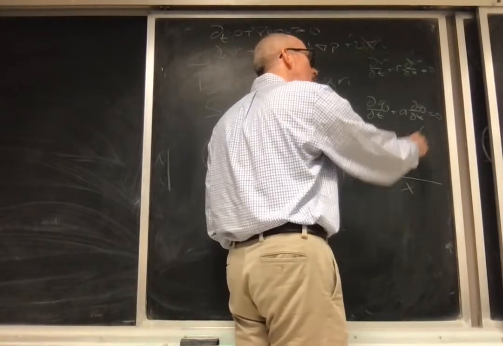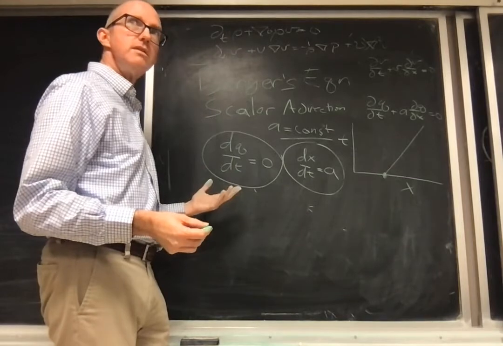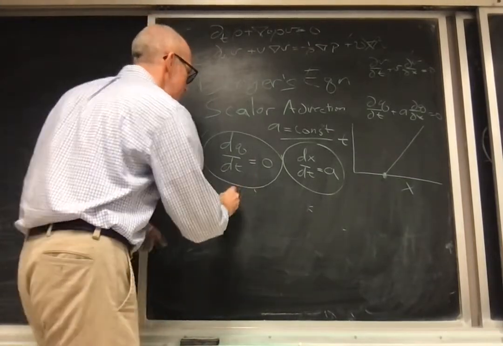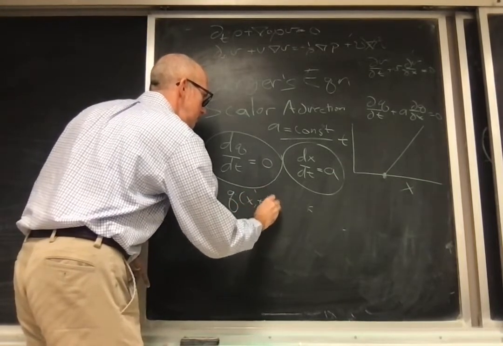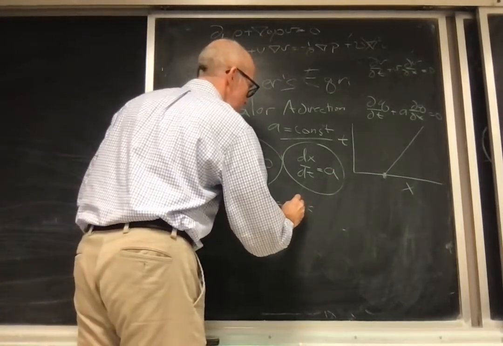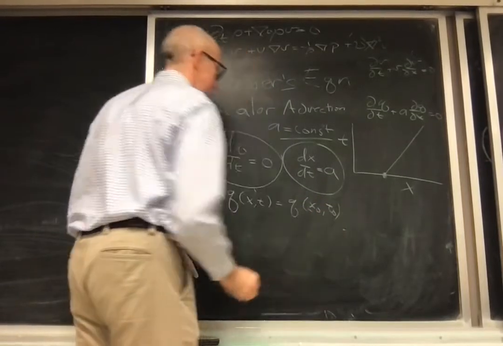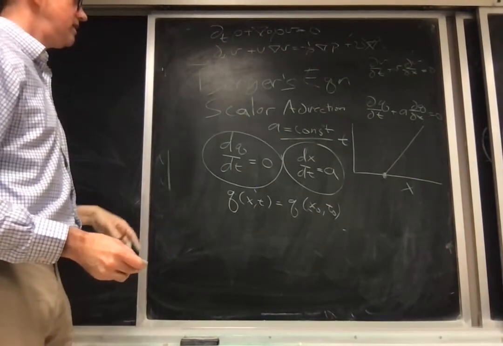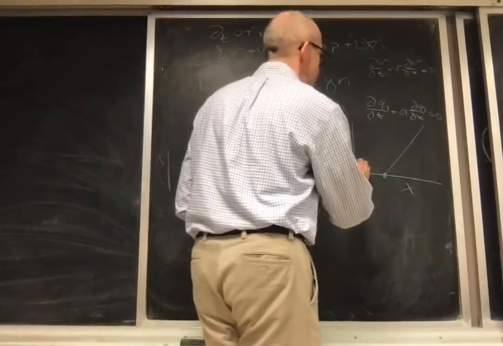So along this line, dq/dt is 0, so q is constant. Does that make sense? So what I can say is q of x and t is equal to q of x naught, t naught. That's easy. This is the initial condition.